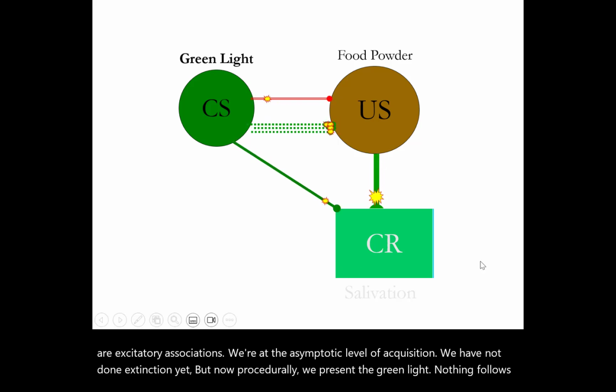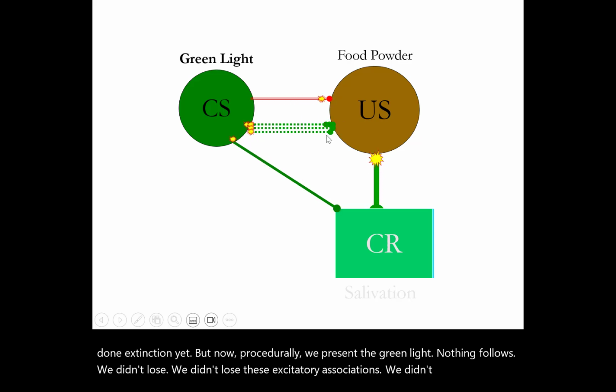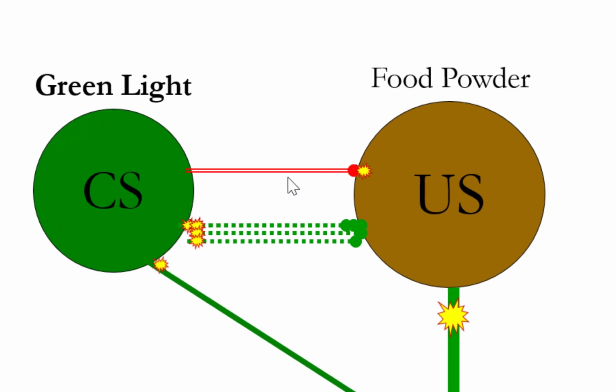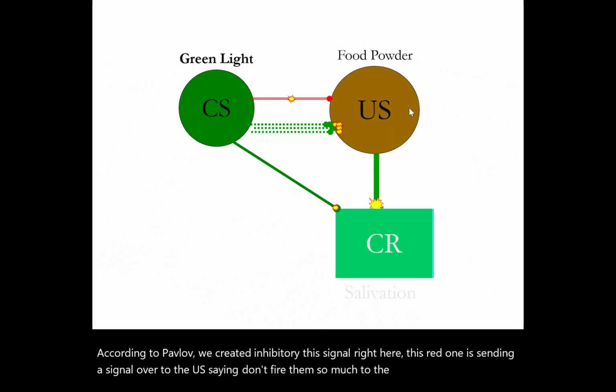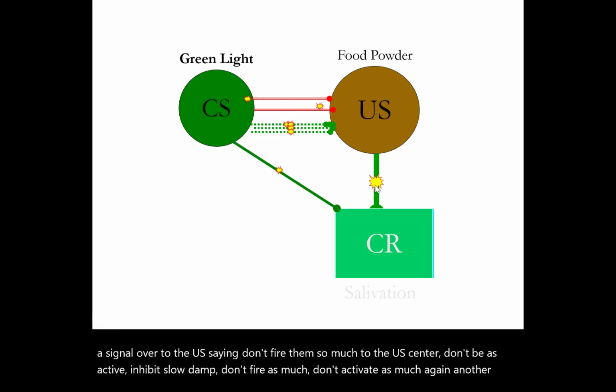We didn't lose these excitatory associations. We didn't forget, according to Pavlov. We created inhibitory associations. This signal right here, this red one, is sending a signal over to the US center saying, don't fire so much, don't be as active. Inhibit, slow down. Don't activate as much.